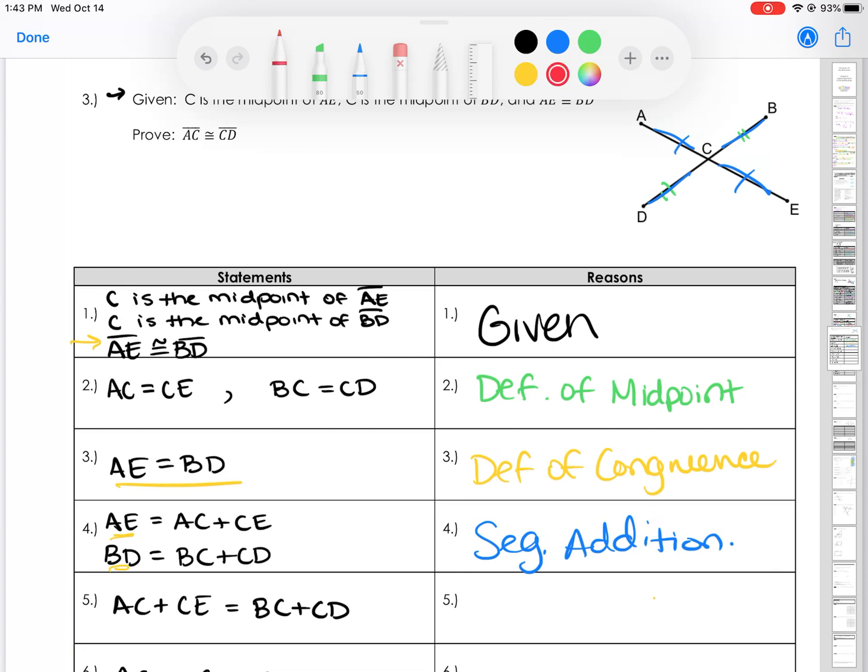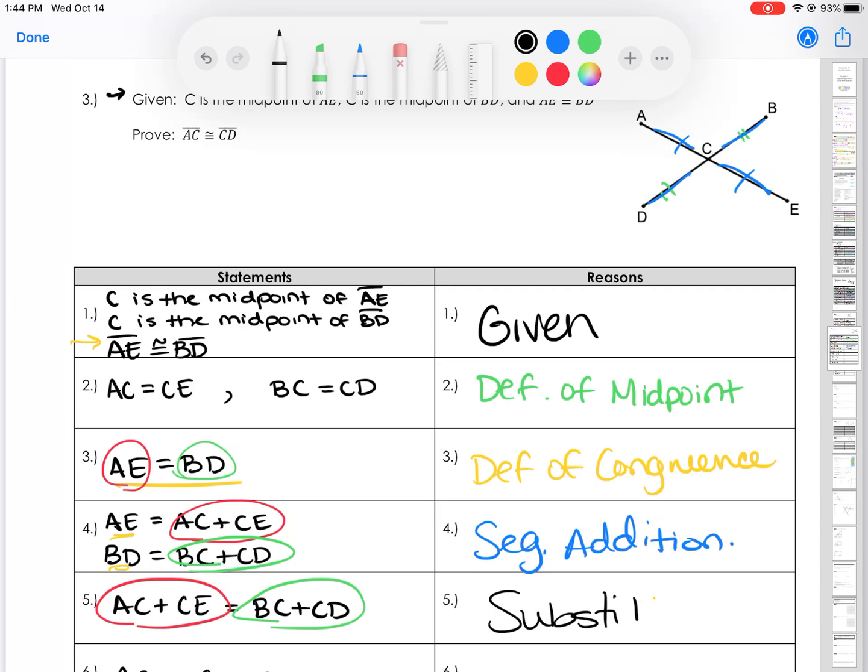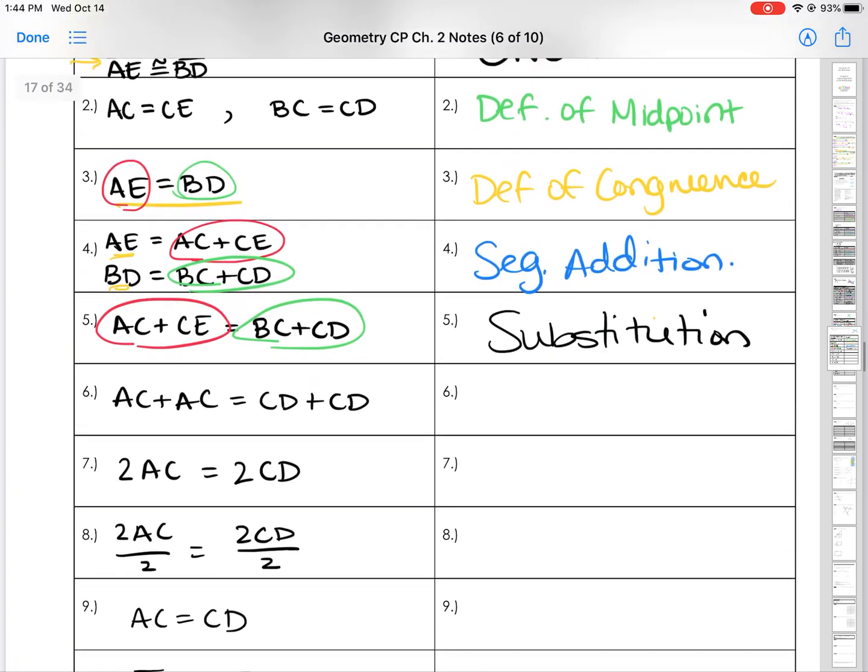Well, I knew that these two were equal by this statement, so all I'm doing is replacing them. I know that AE is equal to AC plus CE, and I know that BD is equal to BC plus CD. So I can set them equal to each other, and that's just substitution.